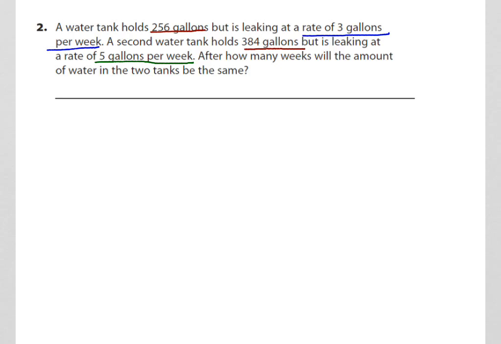So if we were to set these up, what I see is 256 plus, would that be plus? Think about that. It is leaking. Right, so this will be minus 3x.